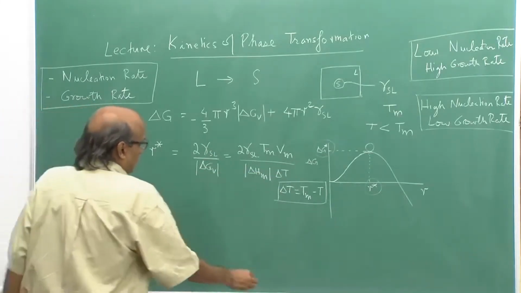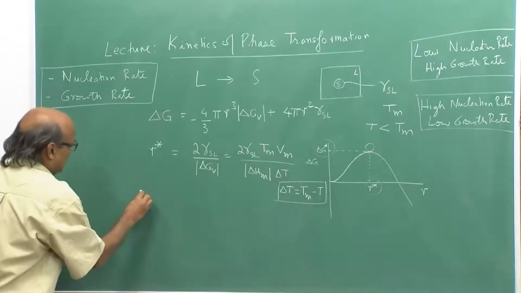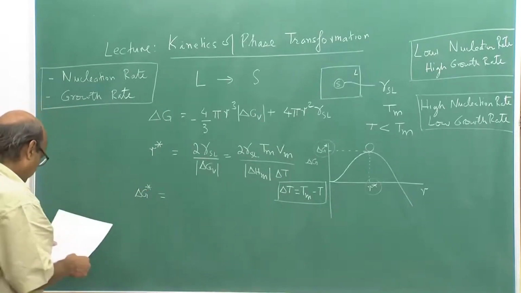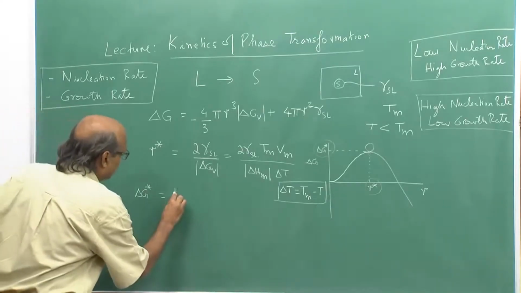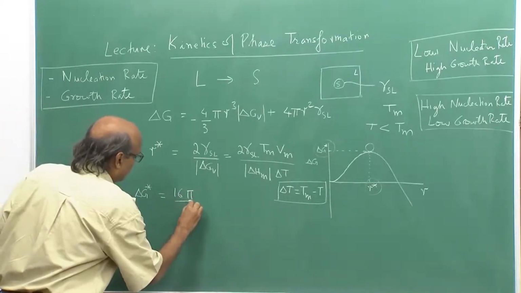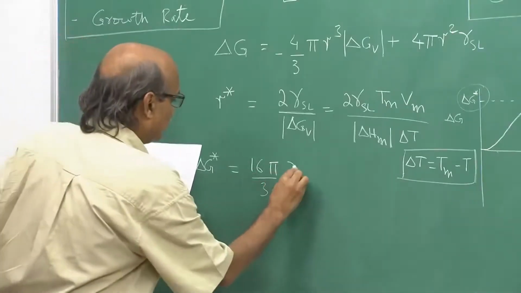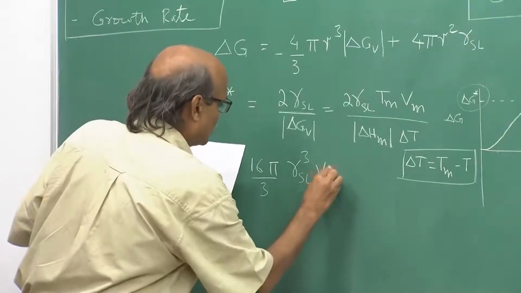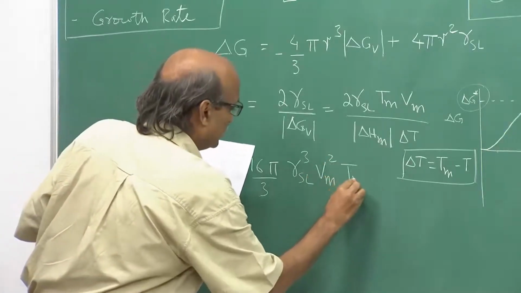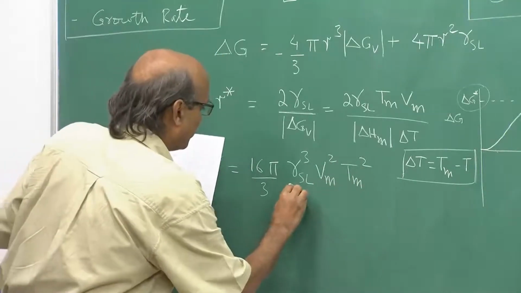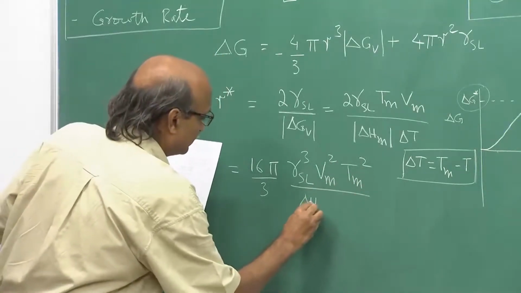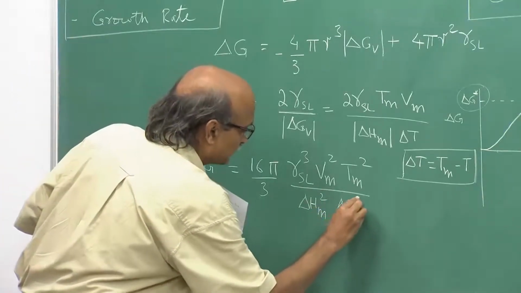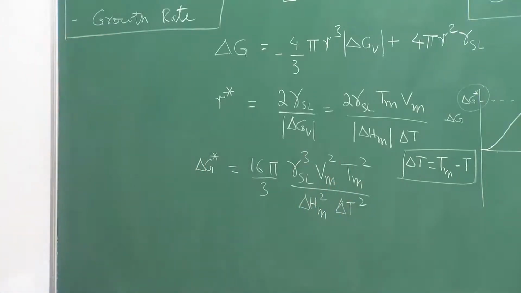Similarly, the change in free energy or the energy hill delta G star is given by 16 pi by 3 gamma SL cube Vm square Tm square upon delta Hm square delta T square.